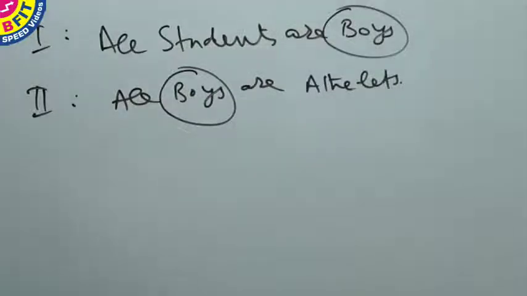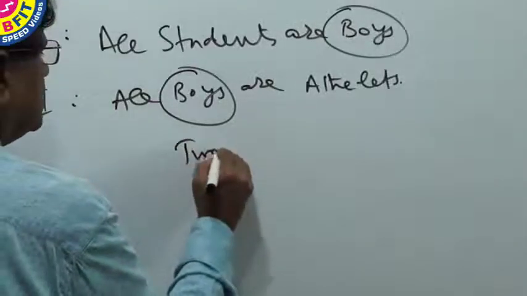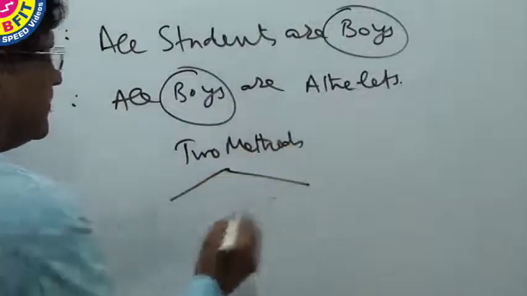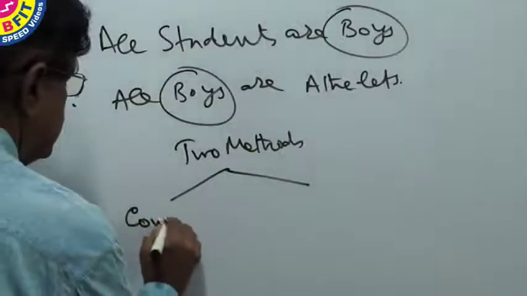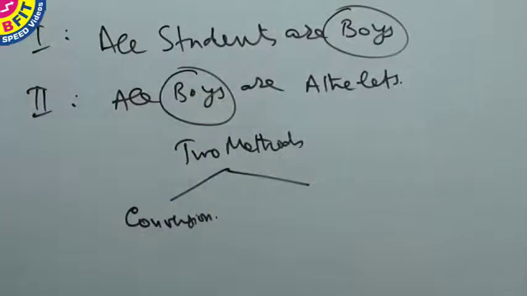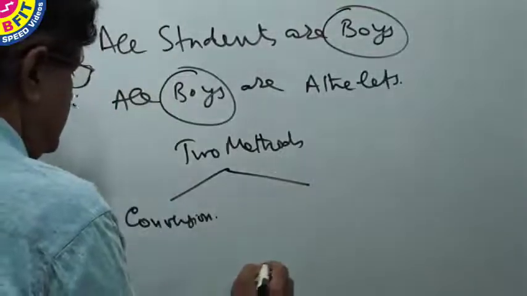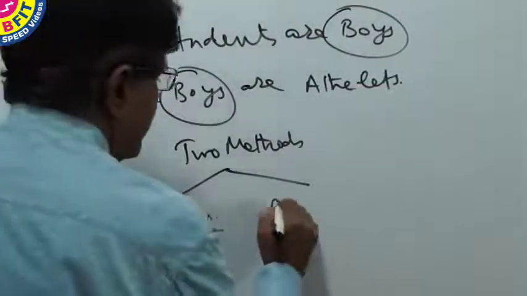Now there are two methods by which we can draw conclusion. One is by conversion. We align the statements by two methods. One is called conversion and the other is called reordering.